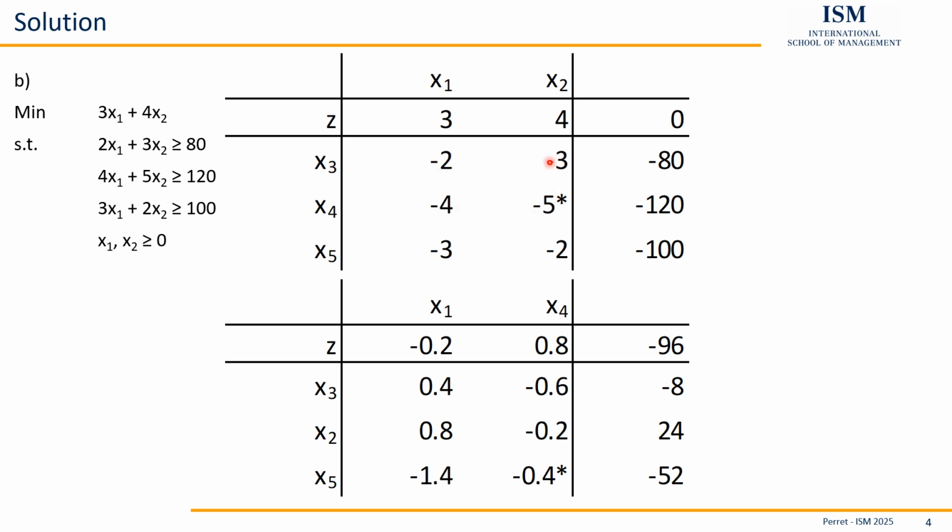So this minus this times this divided by this. For the -3 down here, we have this rectangle. So this minus this times this divided by this. For the -80, this rectangle. So this minus this times this divided by this. And for this one, we have this rectangle here. If we do all the recalculations, we get this table here.